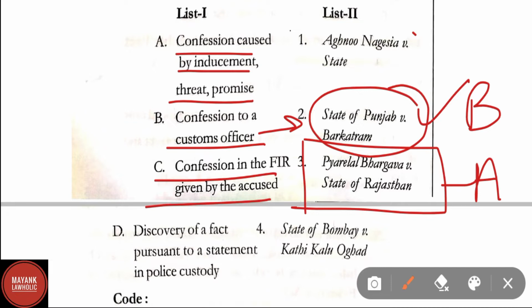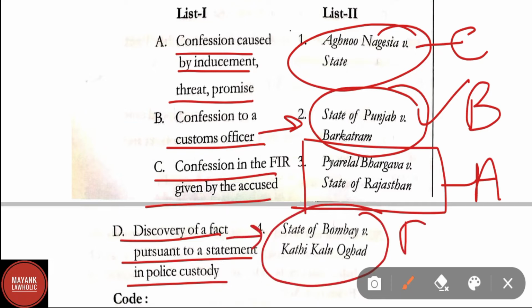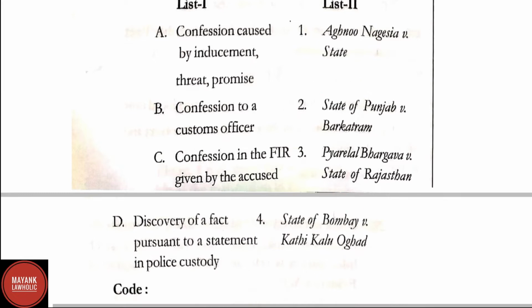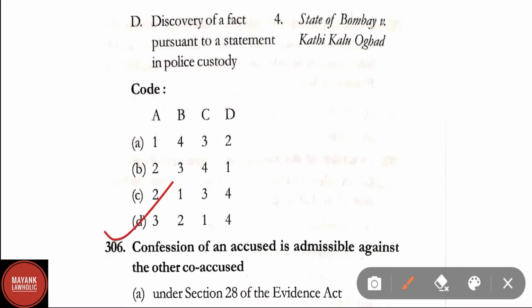Here the correct match is Agnu Nagesha versus State. Option D, discovery of a fact pursuant to a statement in police custody. Here the correct match is State of Bombay versus Kathi Kalu Oghad. Now by going through these matches, the correct option here is option D.